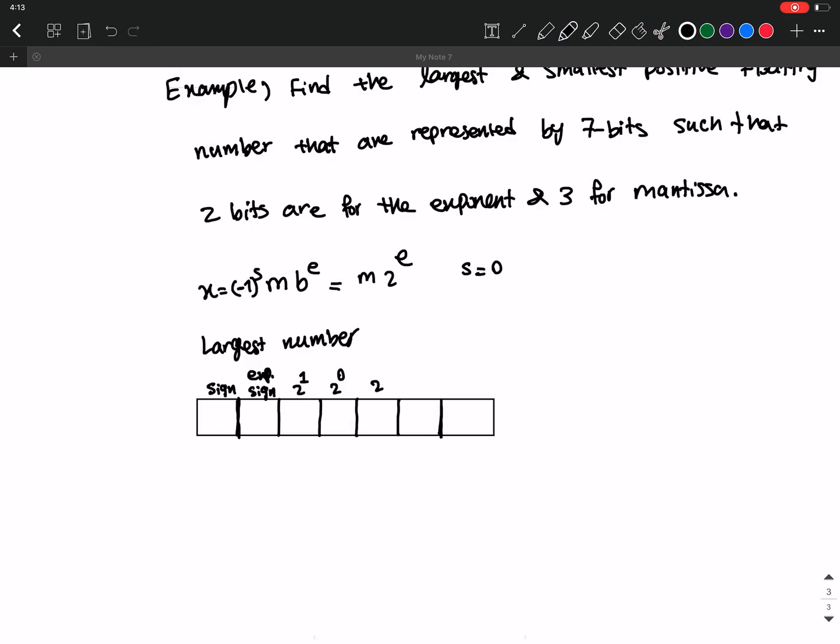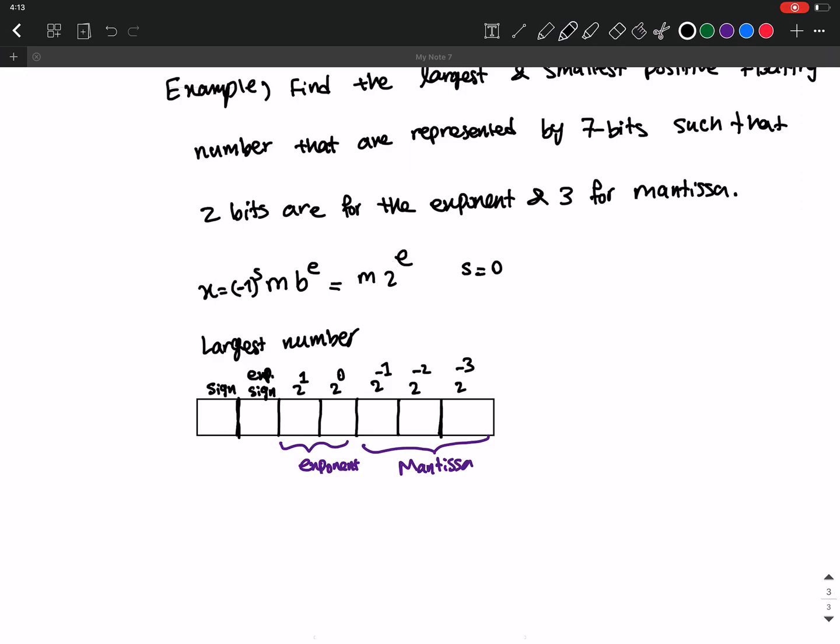And then the next 3 are for the Mantissa, where I'm gonna have 2 to the power -1, 2 to the power -2, 2 to the power -3. So this is for the exponent, and this is for the Mantissa.